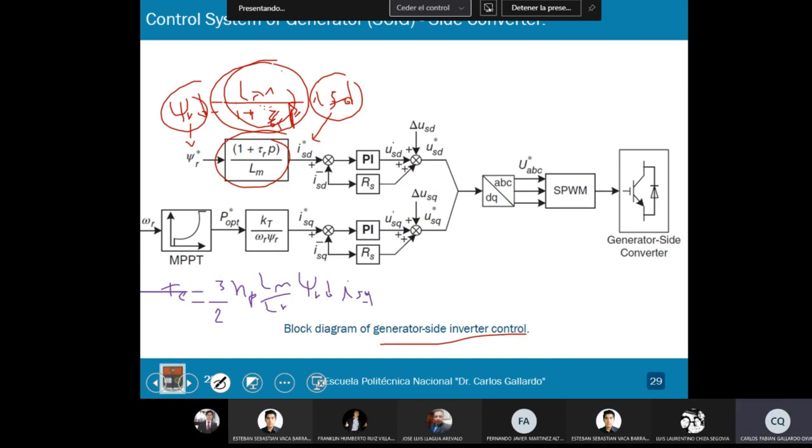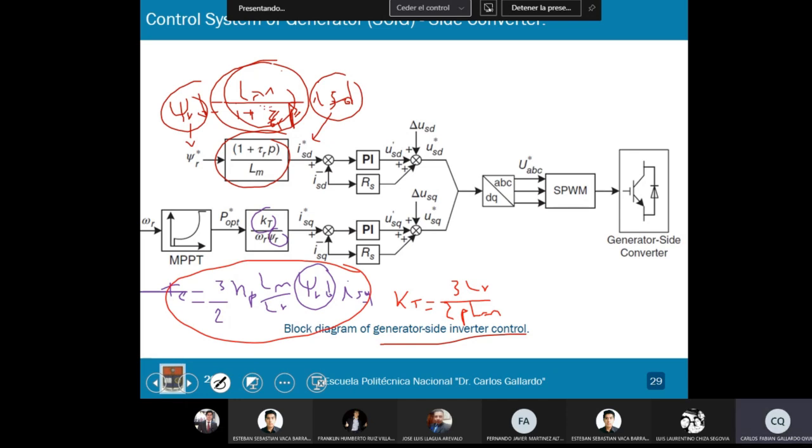Pay attention, in this case, the rotor flux on the d-axis is equal to the rotor flux. So pay attention to this constant: it is equal to 3 times the rotor inductance over 2 times the number of poles times the magnetizing inductance, in order to build this formula.